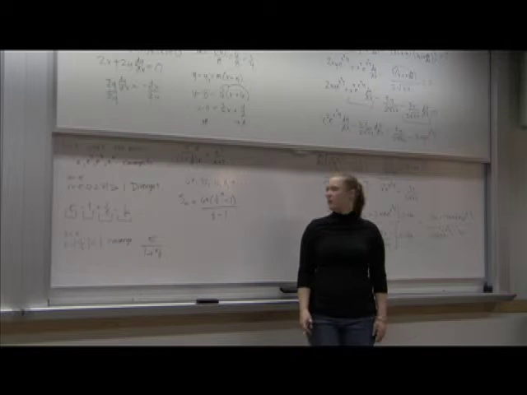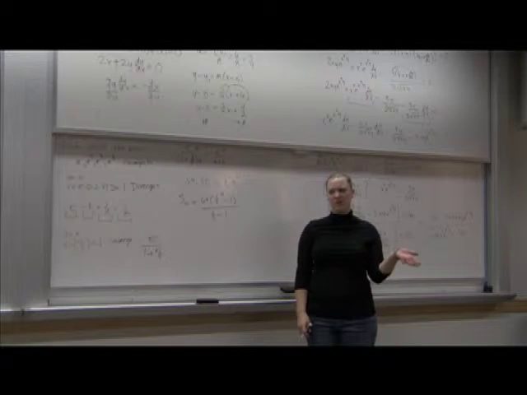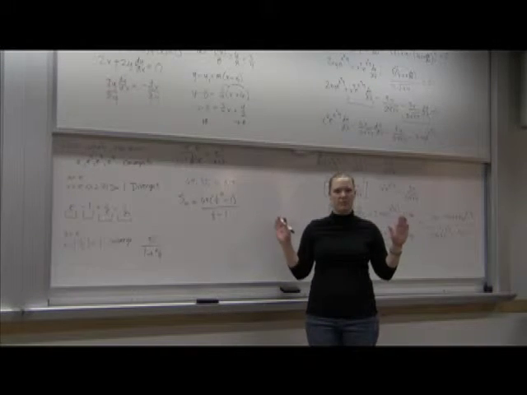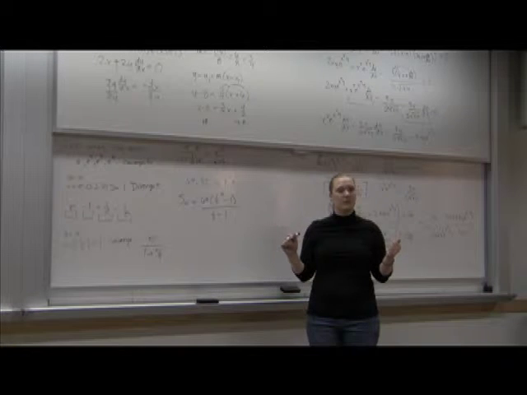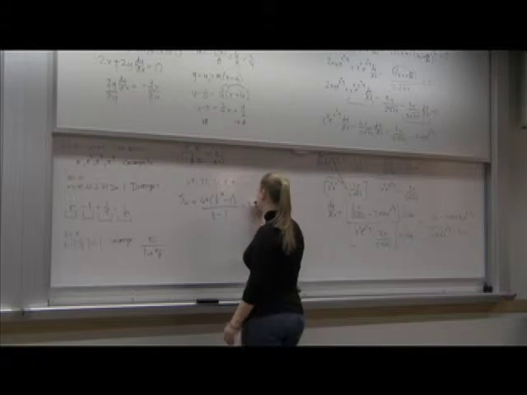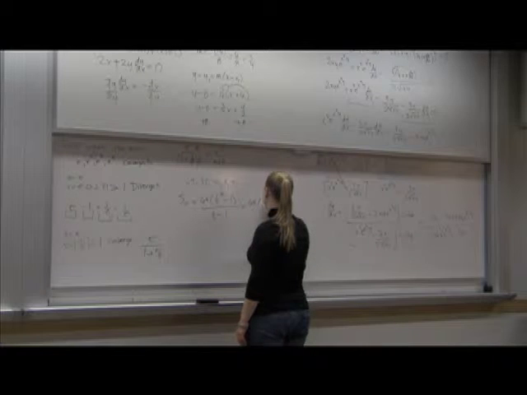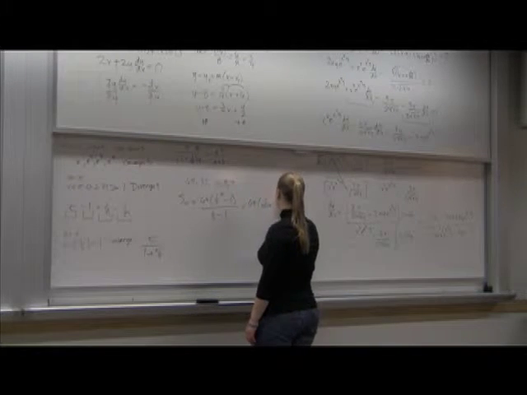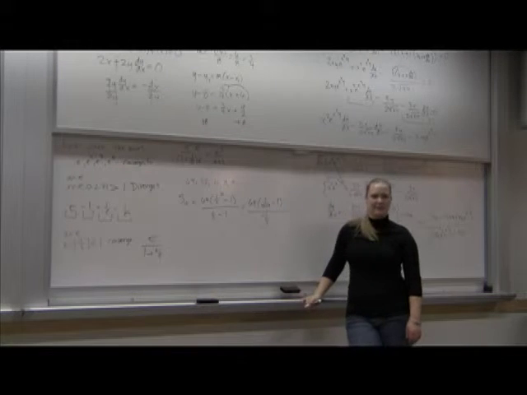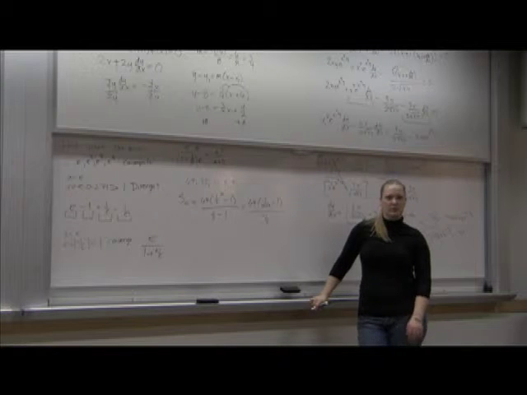Is that okay? 2 to the 10, I don't have a clue. Does anyone have a calculator on them? 1024. Oh, of course. You can calculate it. It's okay, you don't have to. So far, so good?